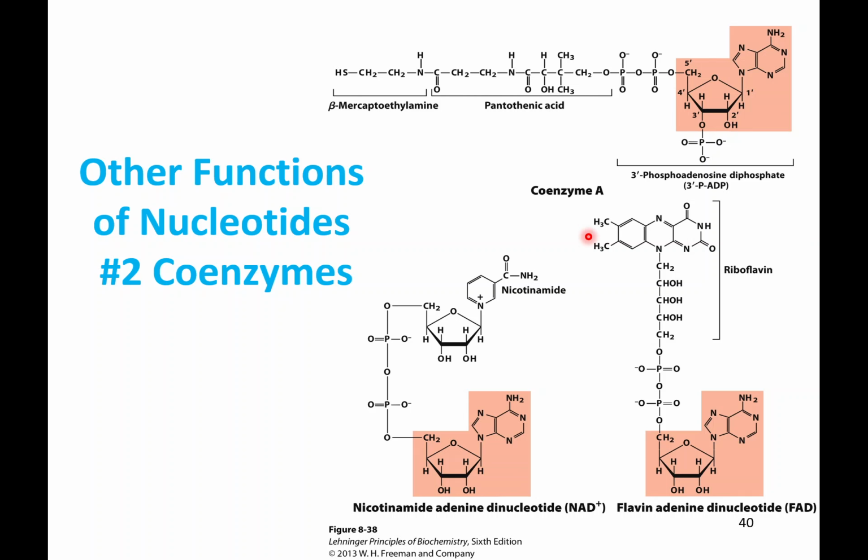So really, the nucleotide part of these cofactors is just like a building block. The ADP part of all of these is like a building block that you put something else on that then has a biological function.